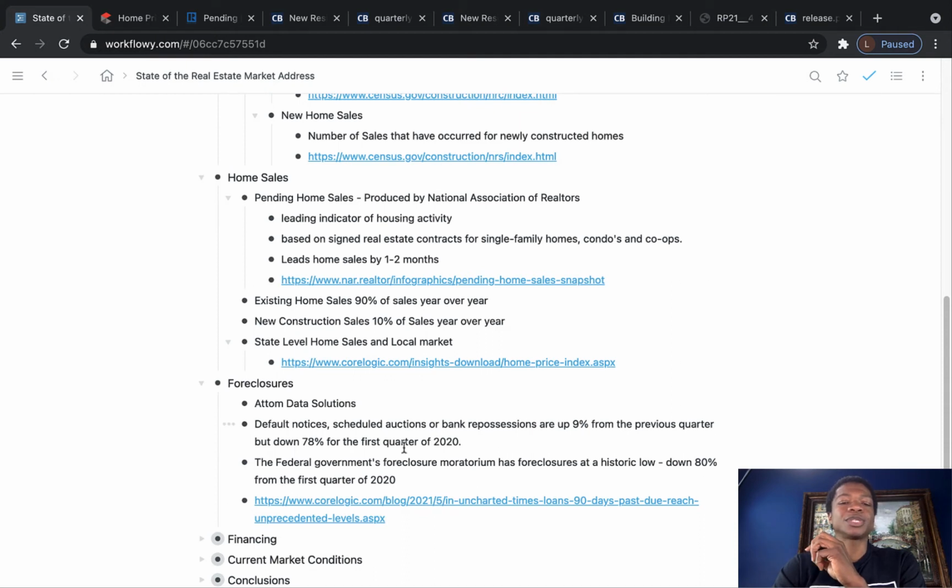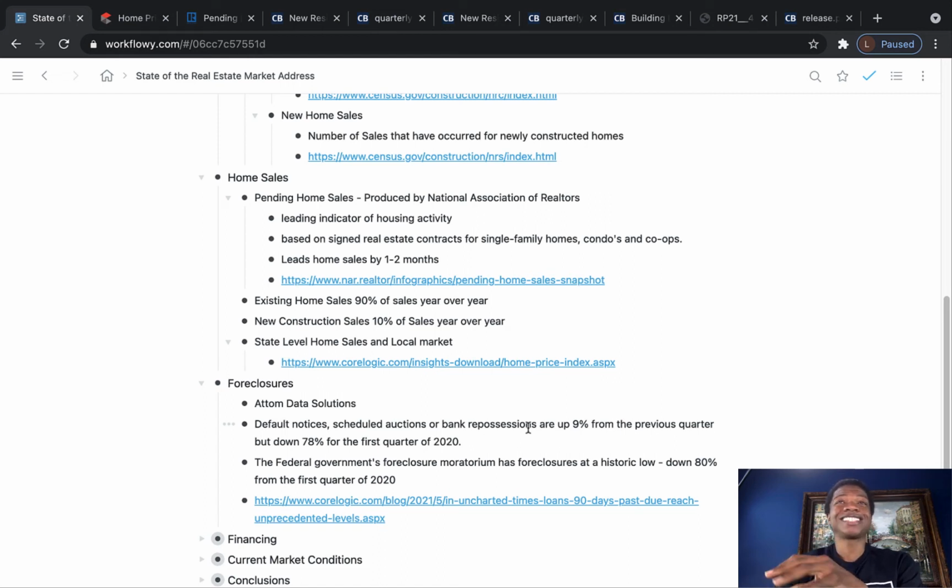What they do is they congregate their foreclosure data primarily into all properties that have default notices, that have been scheduled for auction, or that have gone to auction and not sold and have been actually repossessed by the bank. And so that metric is up 9% from the fourth quarter of 2020.